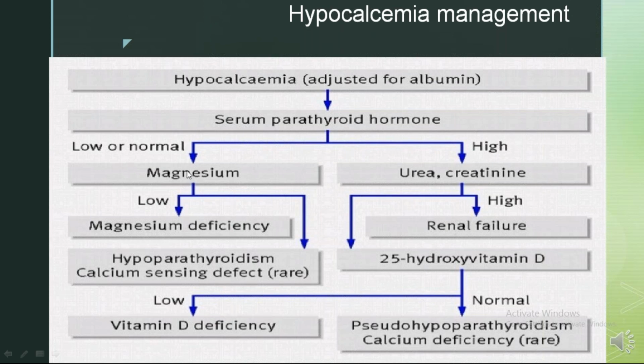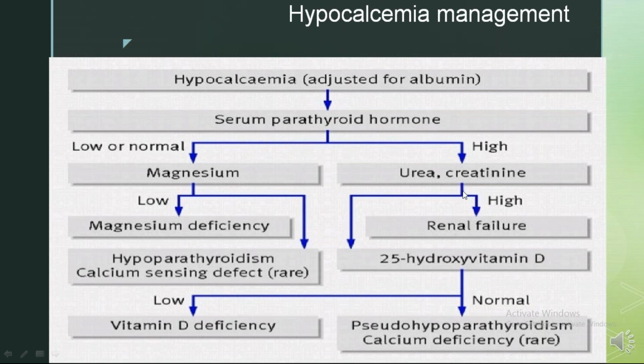So if the serum PTH is low or normal, the first thing you need to verify is the magnesium level, which could also cause similar symptoms. So it could be magnesium deficiency or hypoparathyroidism, or a calcium sensing defect, meaning the calcium sensing receptor can be defective. If the serum parathyroid hormone is high, you need to assess urea and creatinine.